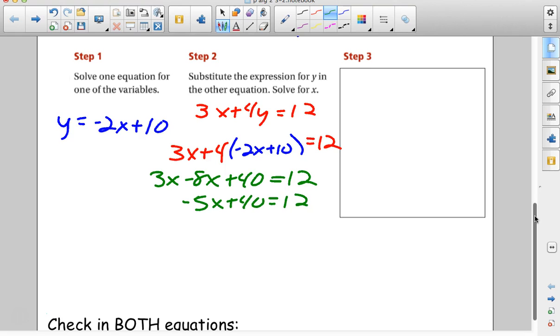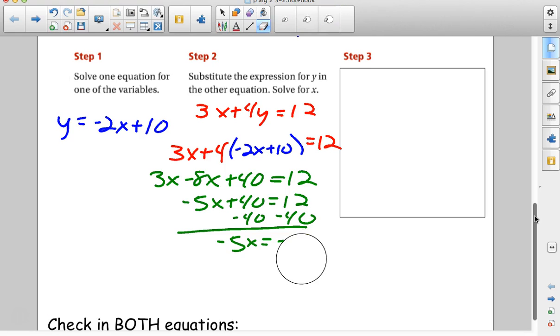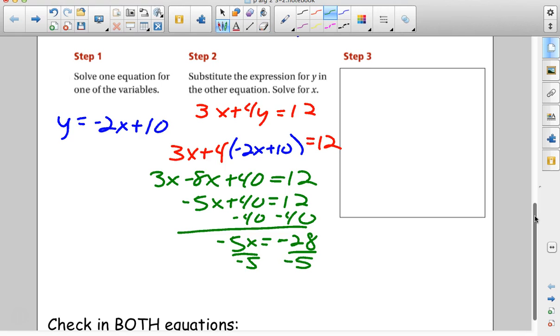We'll subtract 40 from both sides. And then divide by that little negative 5. So we now have an exact answer for our x.